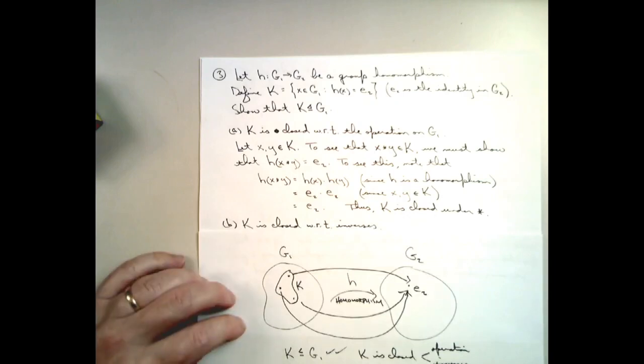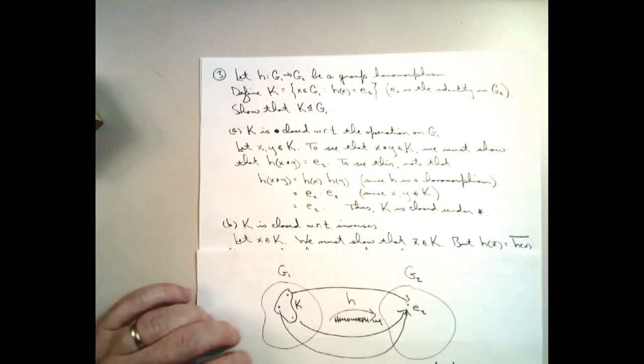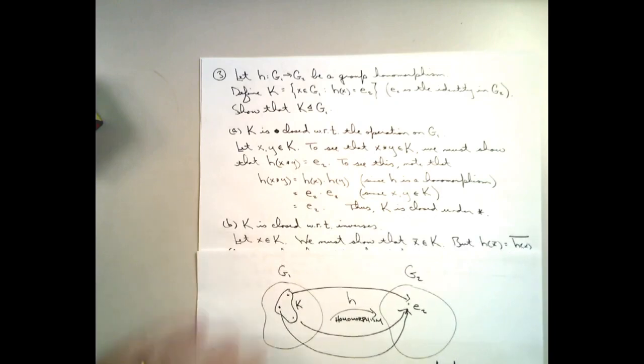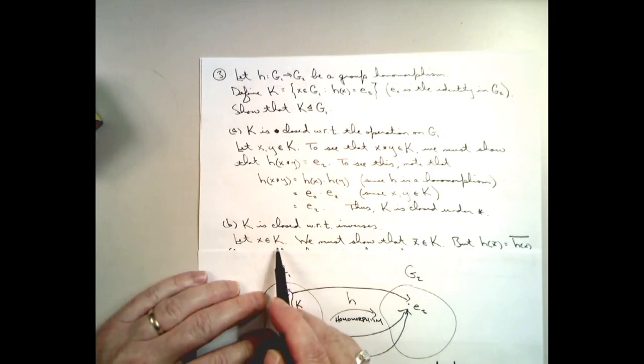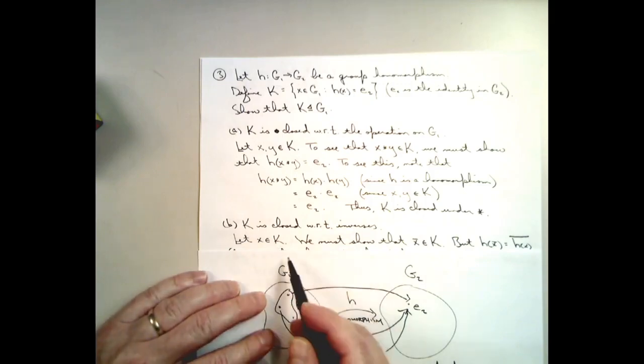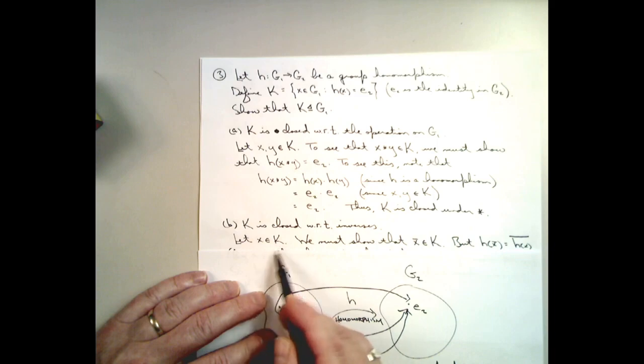And now let's show that it's closed with respect to inverses. So pick an element out of K. We need to show its inverse is in K. So if X vanishes, we need to show that its inverse vanishes.